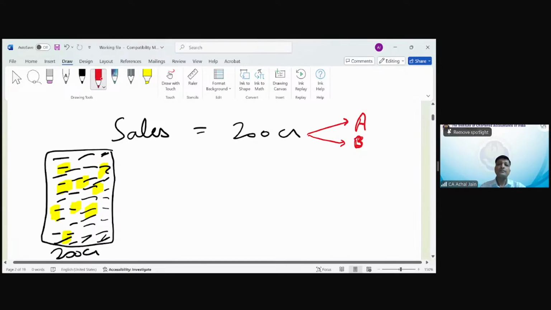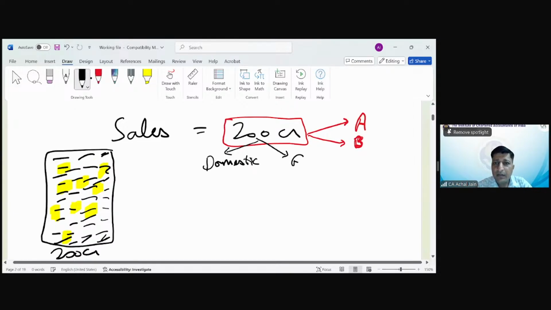Further, the sales include both domestic sales and export sales. So the sales are domestic as well as export sales.